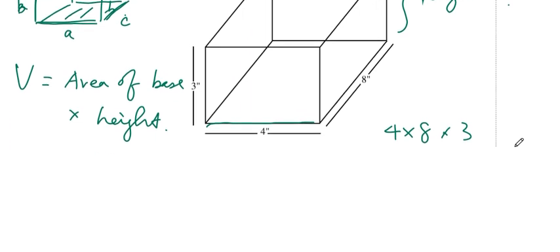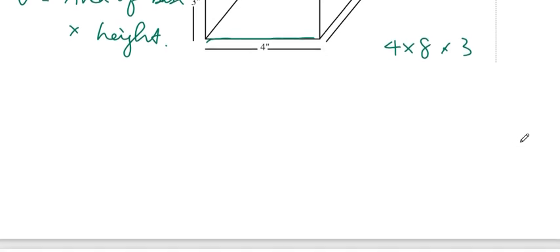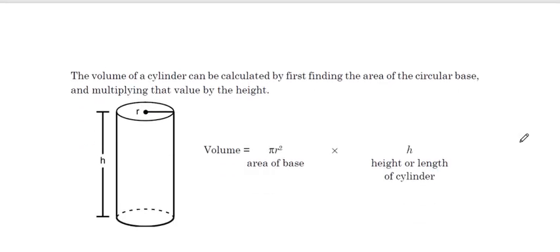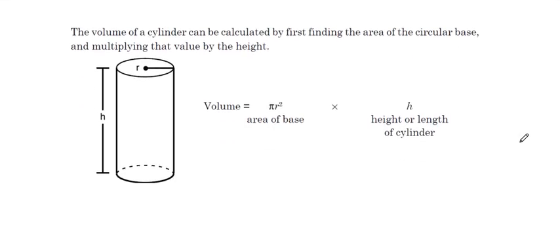We can only find the volume for some typical cases like this one. We call this a cylinder. The volume of a cylinder is also the area of the base multiplied by the height.